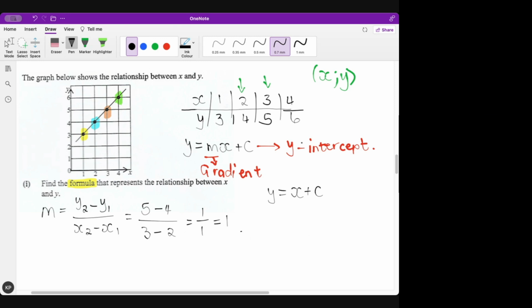How are we now going to find c? We have found my gradient, and now we need c. How do I find c? Let y equal 0.